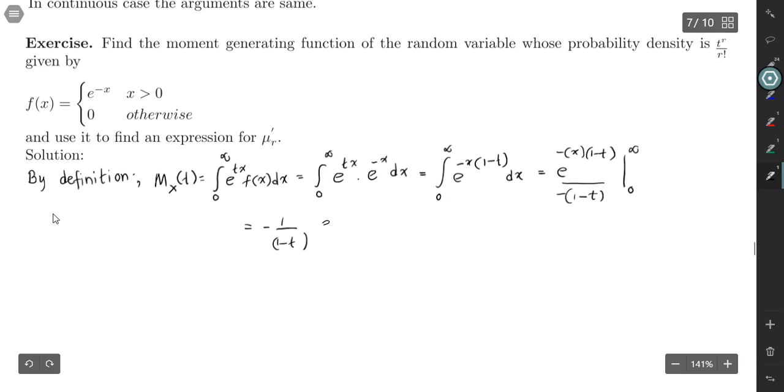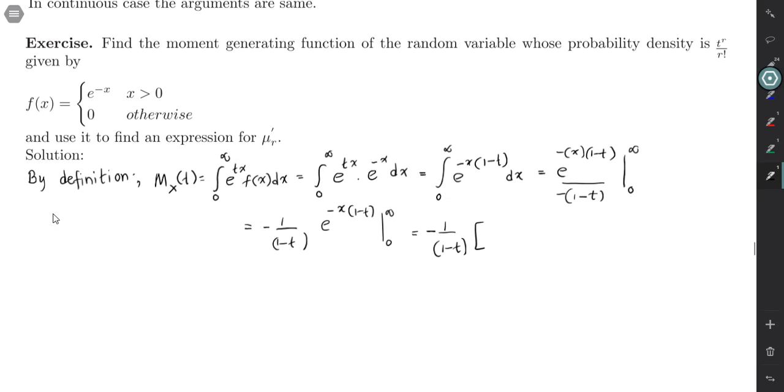If you evaluate e to the negative x times 1 minus t from 0 to infinity, when x is infinity, e to the negative power means 1 over e to the x times 1 minus t. When x goes to infinity, you have 1 over infinity, which is 0. When x is 0, e to the power 0 is 1.